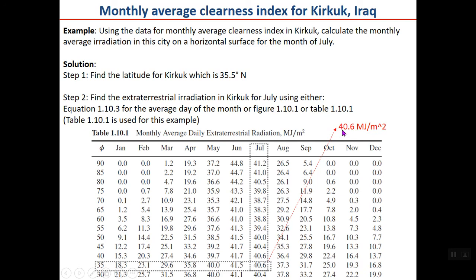It means that neglecting the atmospheric effect, in each day in the month of July in Kirkuk, you have 40.6 megajoule per square meter of radiation. But this whole radiation will not reach the Earth, because there is atmosphere and you cannot neglect it.